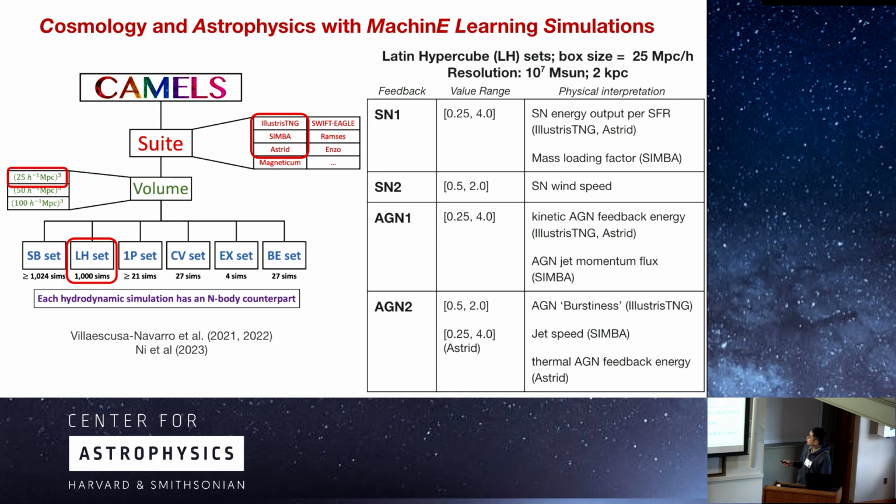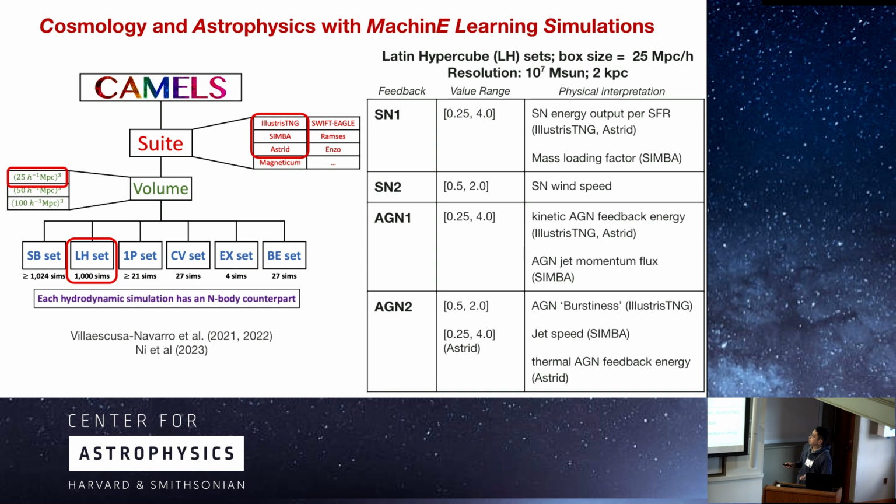AGN1 for IllustrisTNG and Astrid is the kinetic energy feedback, and for SIMBA, as you all know, it's a jet feedback, so it characterizes the momentum flux of the AGN jet. AGN2 for TNG is the so-called burstiness of the AGN, or the ejection speed of the AGN wind. For SIMBA, it refers to the jet speed, and for Astrid, it refers to the thermal AGN feedback.